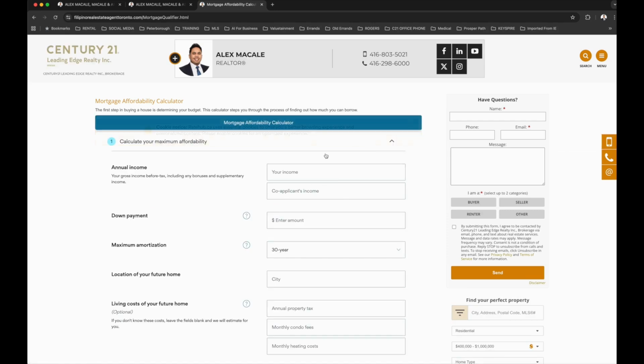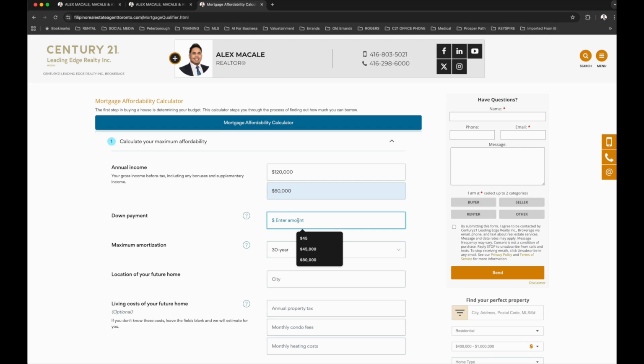In this section, you put in your annual income. For example, if your income is, let's say, $120,000, and if you have a spouse, let's say your spouse makes $60,000. For the down payment, this could be anything. Your down payment could be your RSP, your TFSA, or any cash that you have in your bank.